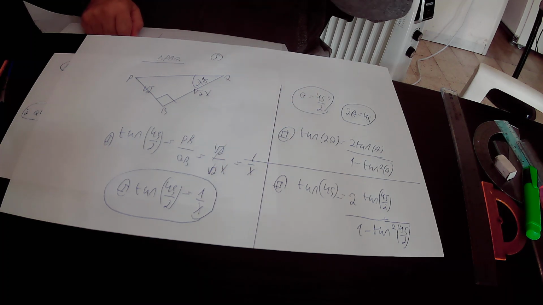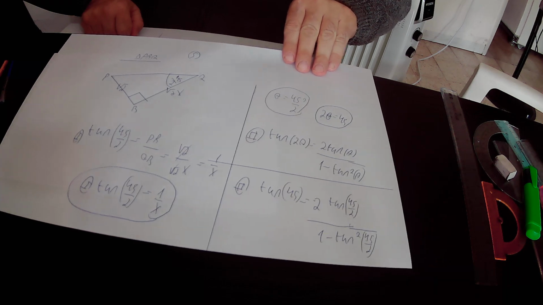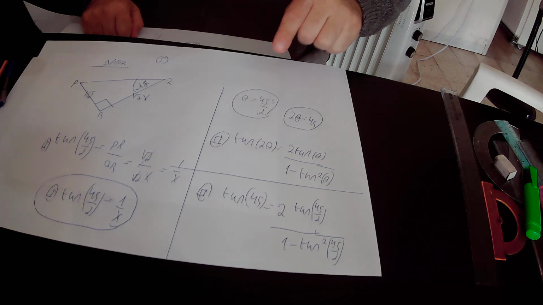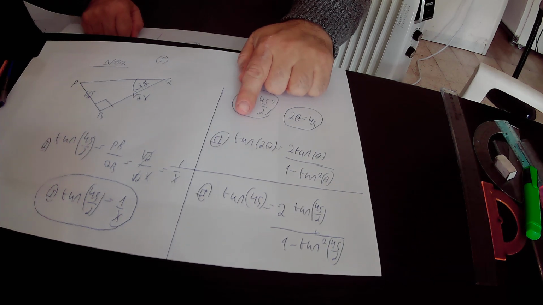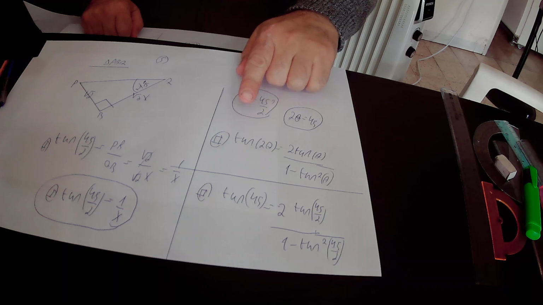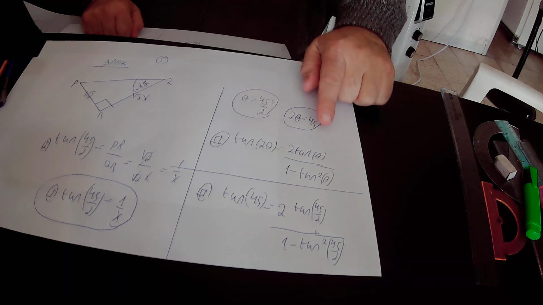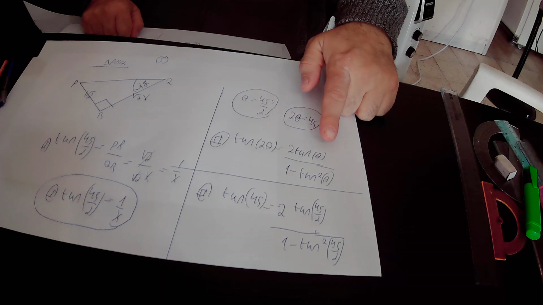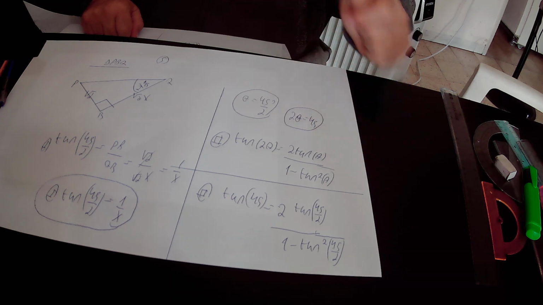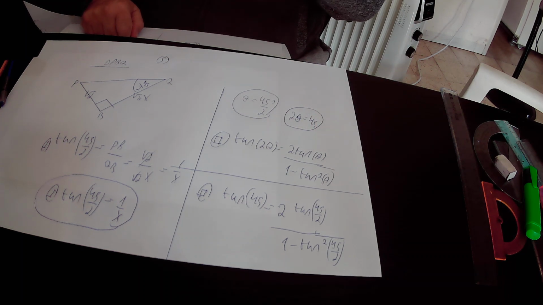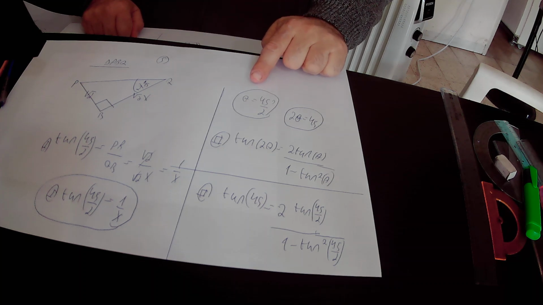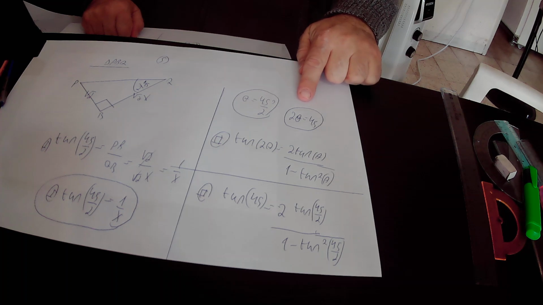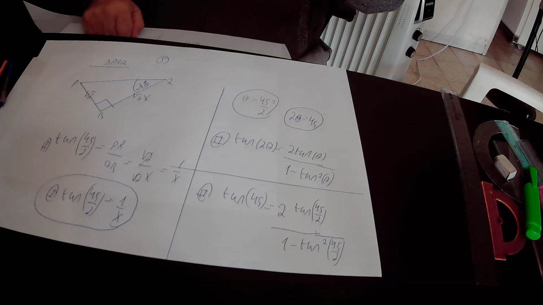This is from one side, but from the other side, we have the trigonometric identity that tangent 2 theta equals 2 tangent theta over 1 minus tangent squared theta. We defined theta as 45 degrees over 2, therefore 2 theta must be equal to 45 degrees.